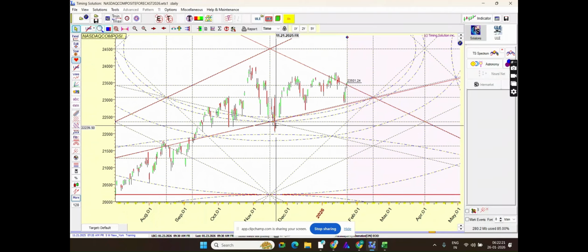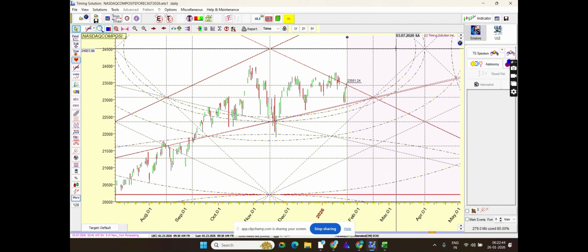This is the 1 by 2 angle in the square, called the 50% angle. As per Gann's 50% rule, this will act as support. As long as Nasdaq is moving along this angle, it can continue its run. So the most important level for this year for Nasdaq is going to be this here.